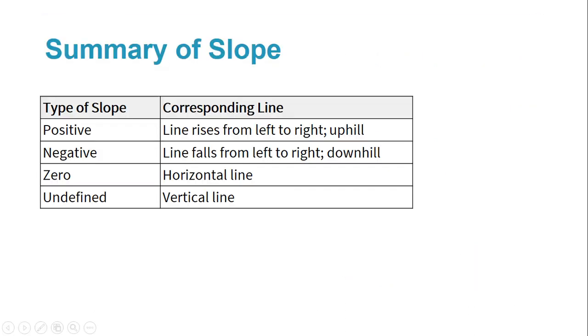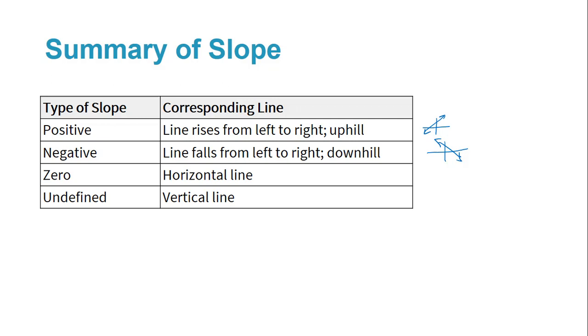So in summary, there are 4 types of slope. A positive slope corresponds to a line that rises from left to right. Think of it as going uphill, right? It's going up, it's being positive, it's going up. A negative slope is a line that falls from left to right, or going downhill. So being negative, it's going down.